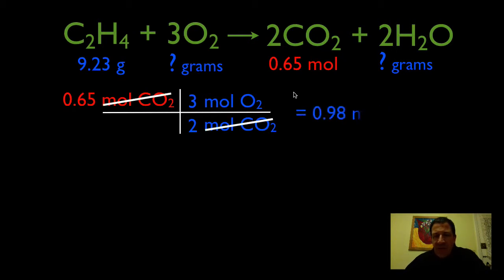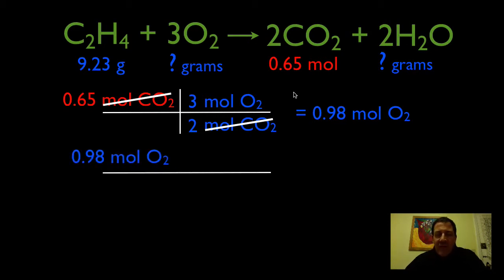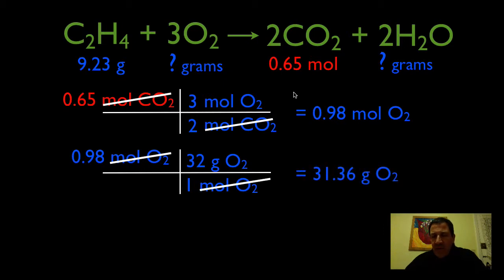Cancel units, multiply across, divide by 2, multiply by 3, divide by 2. You get 0.98 moles. We don't want moles, we want grams. So now we're going to use our molar mass of oxygen, 1 mole, 32 grams. And we can cancel our units, and now we get 31.36 grams of oxygen.